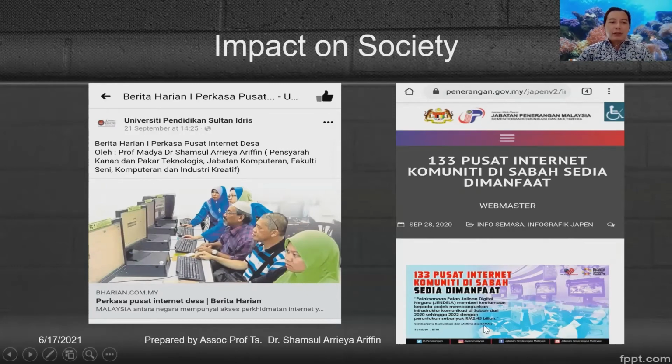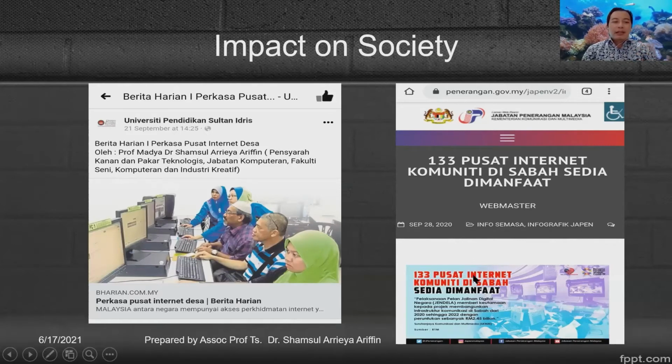Okay, I noticed when I wrote about Perkasa Pusat Internet Desa, then on the 21st of September, and on September 28, 2020, I saw news come out from Jabatan Penerangan Malaysia: 133 Pusat Internet Komuniti Sabah sedia dimanfaat. Before this, maybe I was not aware, but I didn't see any news about this, right?